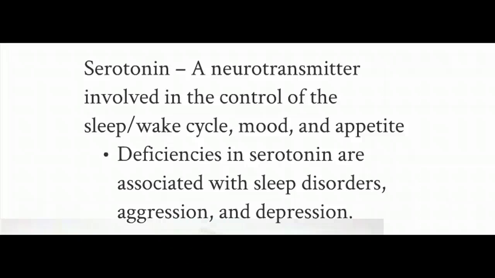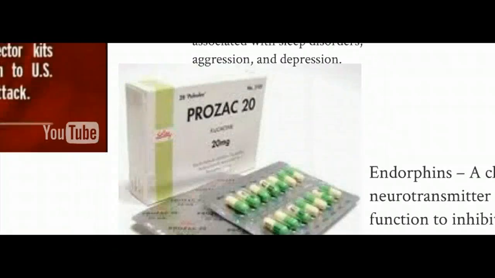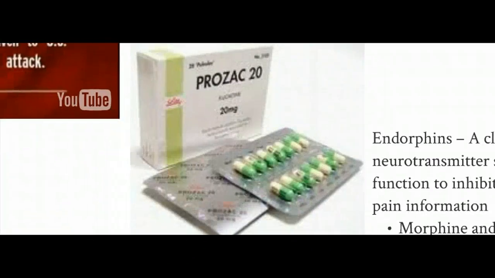So a lot of times you'll see commercials about drugs for serotonin that involve gastrointestinal distress. That's one of the reasons why. So deficiencies in serotonin have been associated with sleep disorders, aggression, and depression. And drugs that increase serotonin, like Prozac, have been used for a long time to treat depression and anxiety as well.